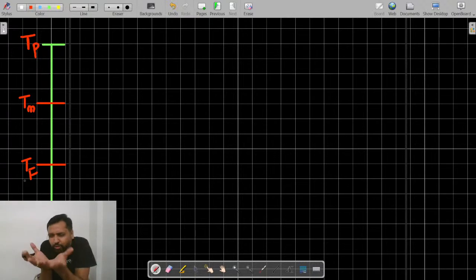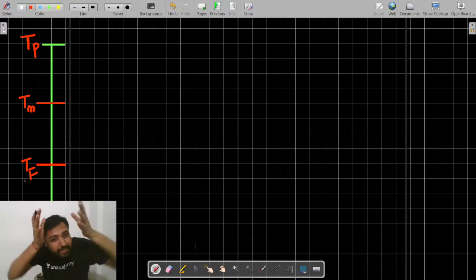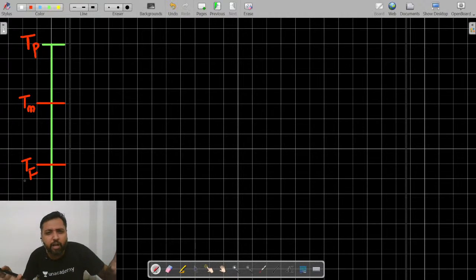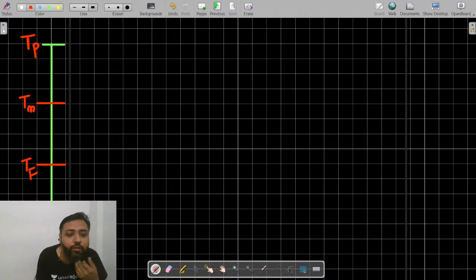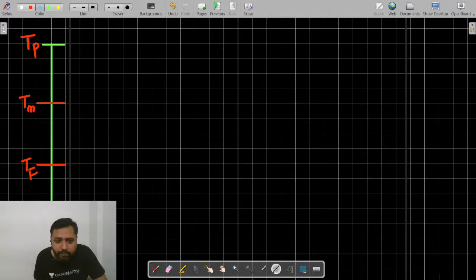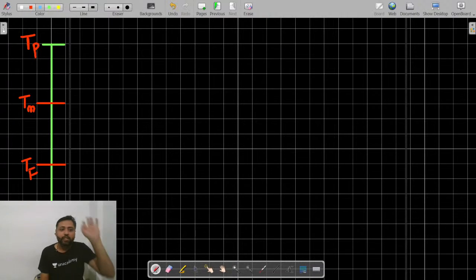Just after solidifying, the casting will still be red hot. Its temperature will be below melting temperature, but far above room temperature. Now it will further cool down and reach room temperature, the ambient temperature, T naught.